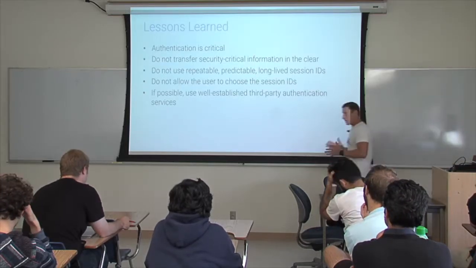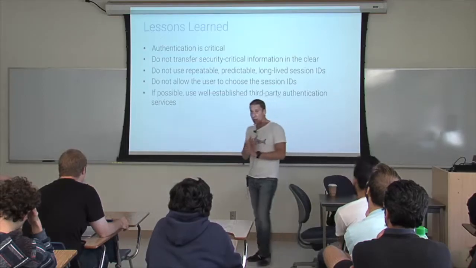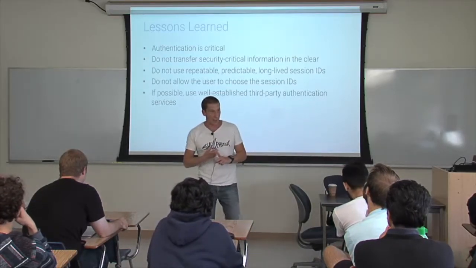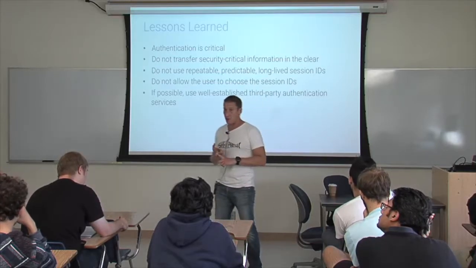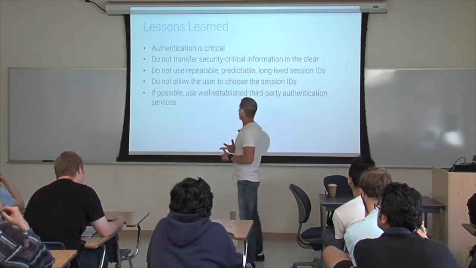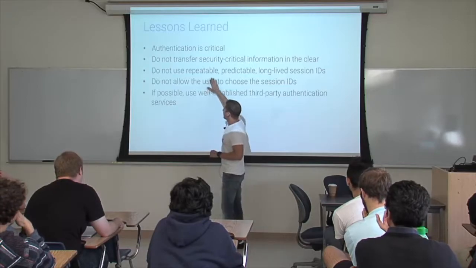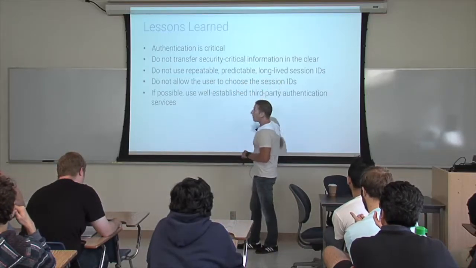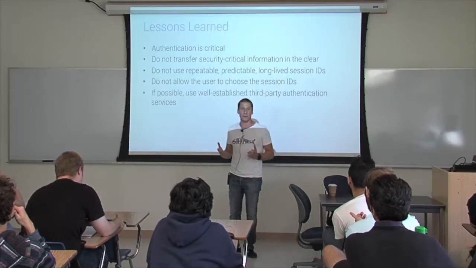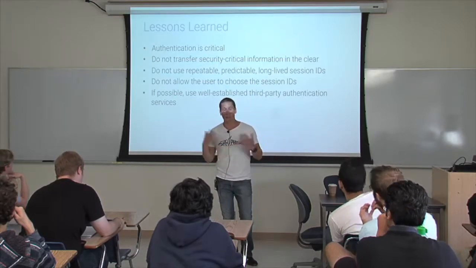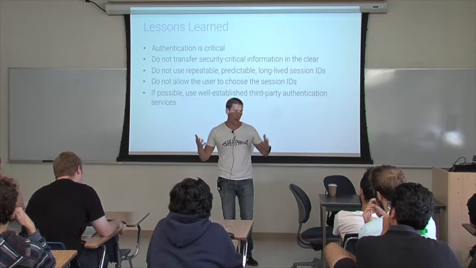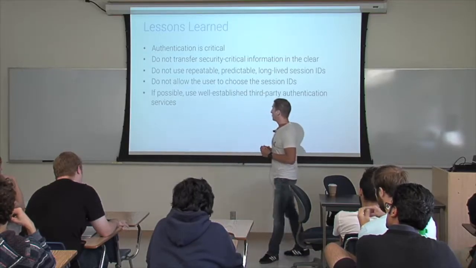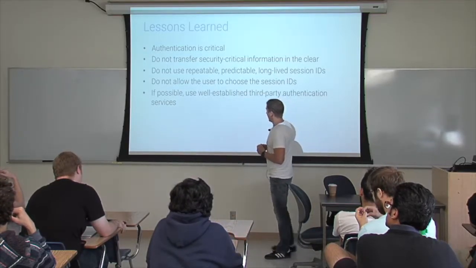So lesson learned on this. Authentication is super important. I don't have to really stress this part. Do not transfer stuff in the clear, of course. And do not use stuff that is repeatable, predictable, or long-lived. Those are important things. If you create something that can be predicted and lasts forever, then you don't have a good authentication system.